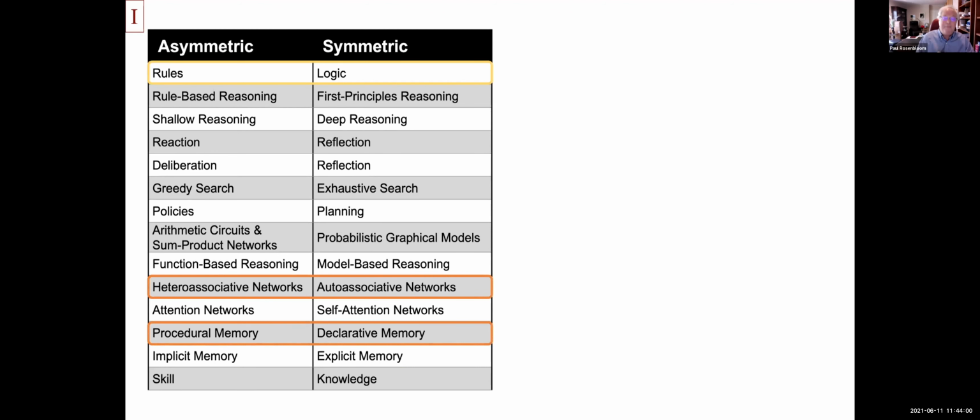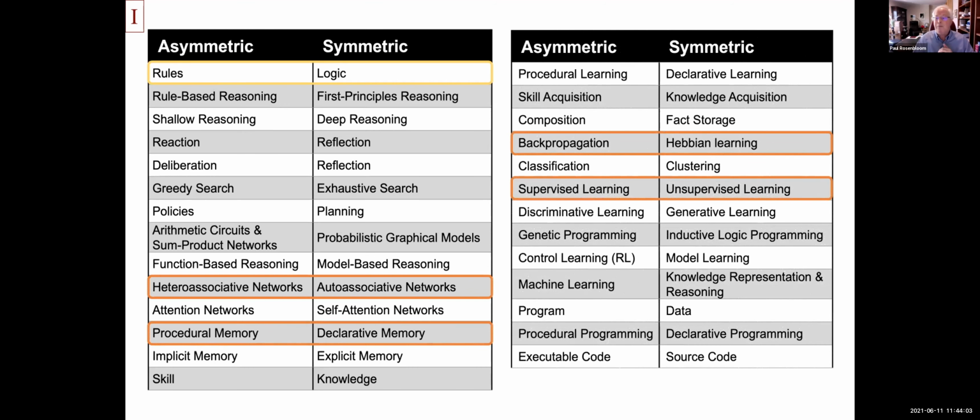But there's more. For example, backpropagation versus Hebbian learning, where backpropagation flows in one backward direction, while Hebbian learning is symmetric across all directions from which you get input. And supervised versus unsupervised learning. And again, there's much more here.